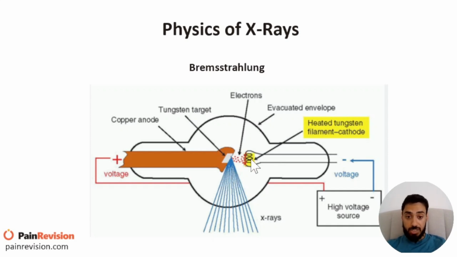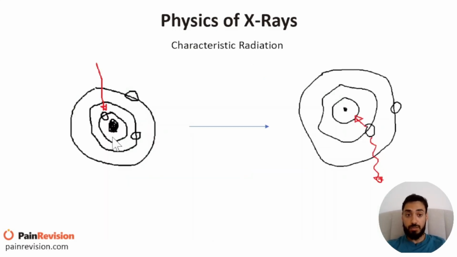But some of these electrons going at high speeds will have a very high energy, high enough that they can just go at the right moment and hit the inner shell electron here. And because they hit it, they displace that electron off the atom entirely. And so then you've got an atom here with the first shell that is empty, and you will need that to be filled.